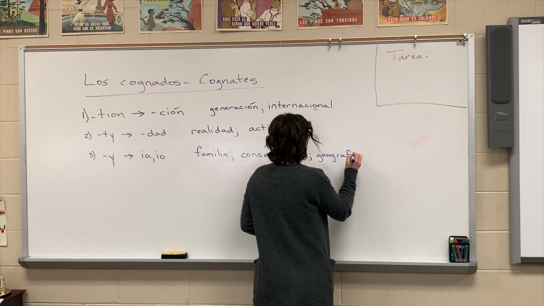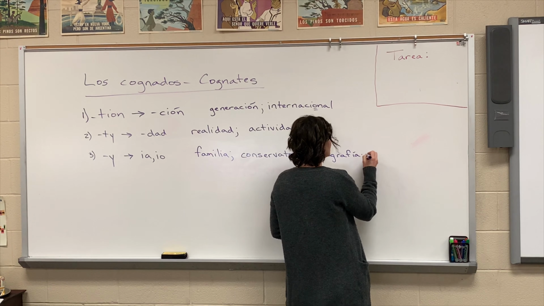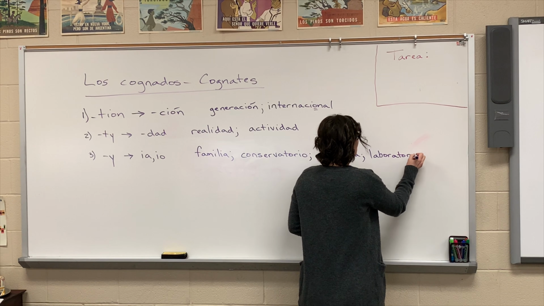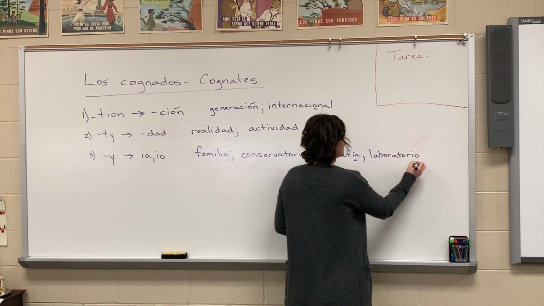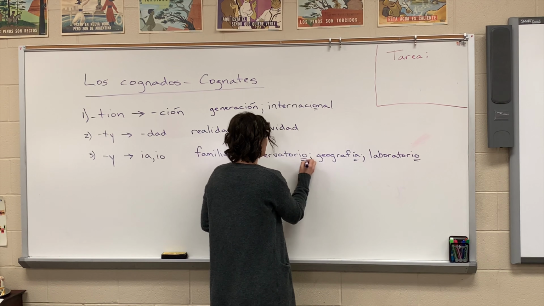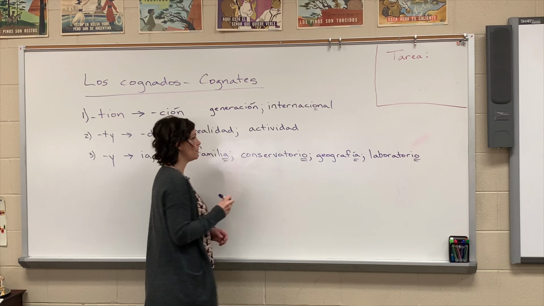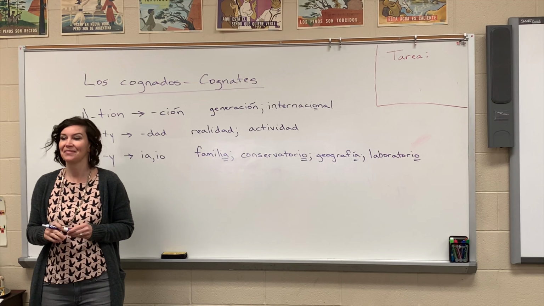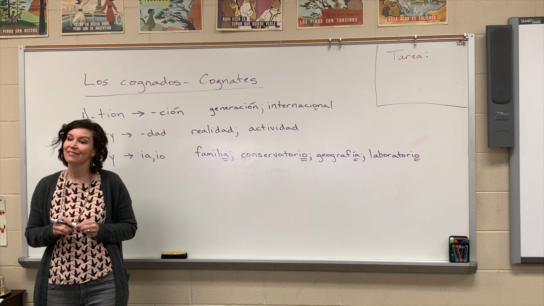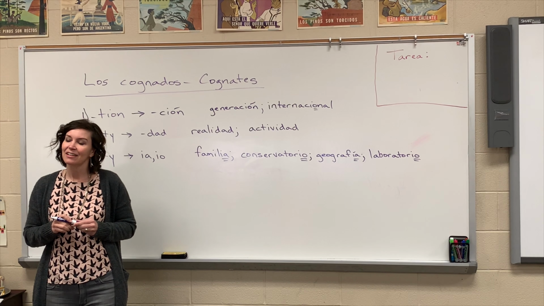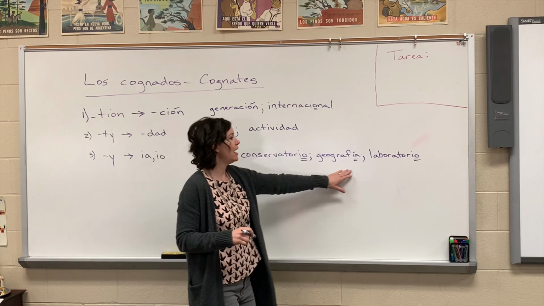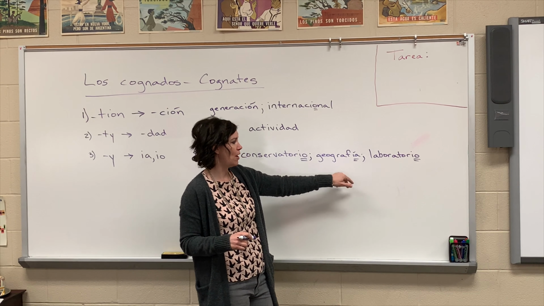And laboratory. Oh, laboratorio. Okay. Good. So you see the IA, the IO, that's basically taking the place of Y. So instead of having that IA on the end in geography, you would just drop it and it would be a Y.